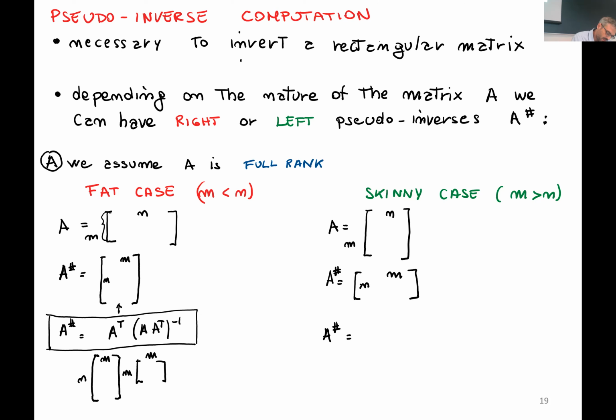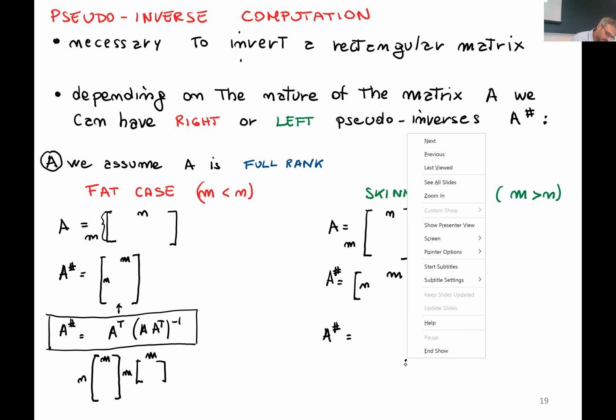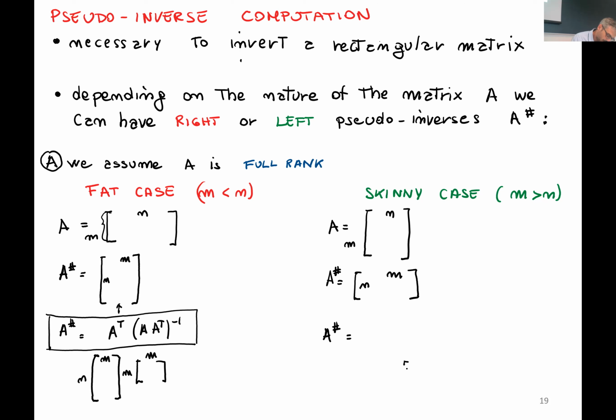So this time we have smaller N than M. So we want to do something like this to achieve an N times N matrix, which could be invertible and square.